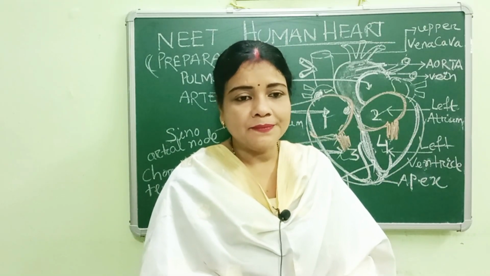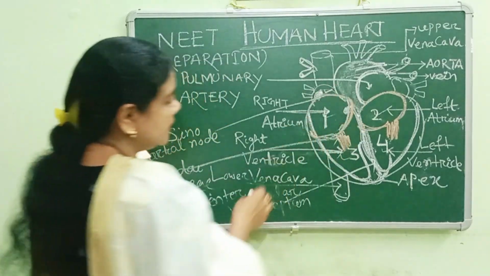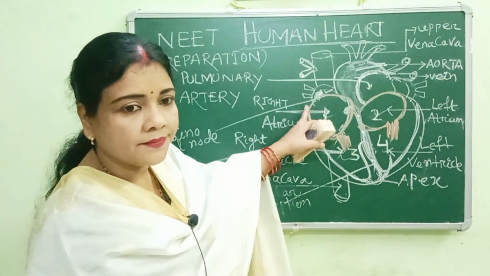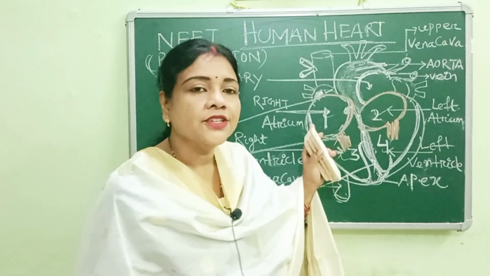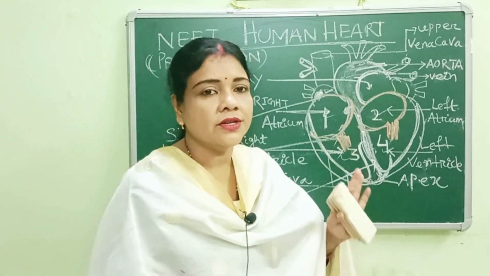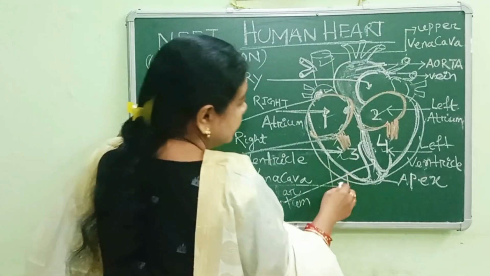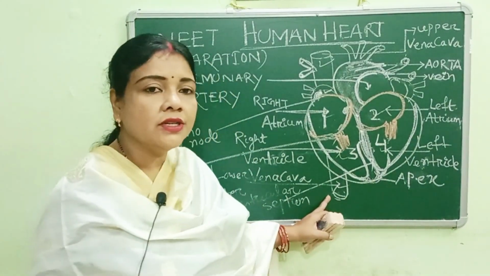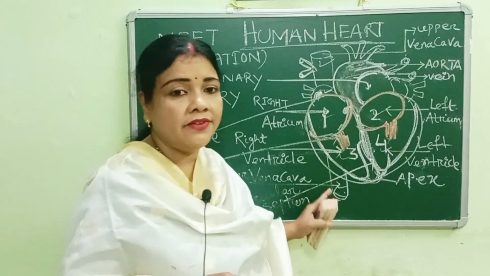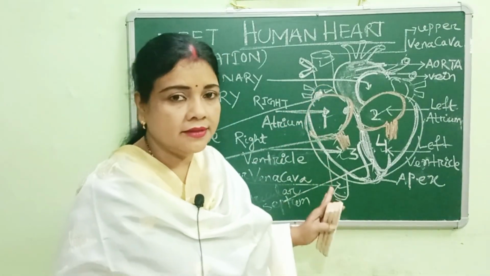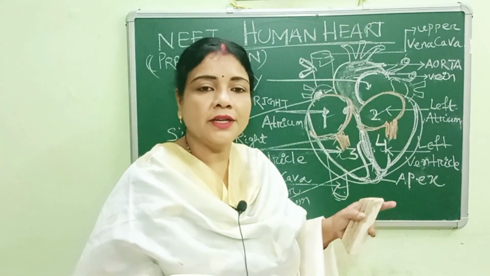Now you see, this is known as the right atrium. The right atrium collects the deoxygenated blood, that means blood which contains a poor amount of oxygen, by the two largest vein-like structures known as the vena cava. The vena cava is a big vein. It collects the deoxygenated blood from the upper part and lower part of the body.